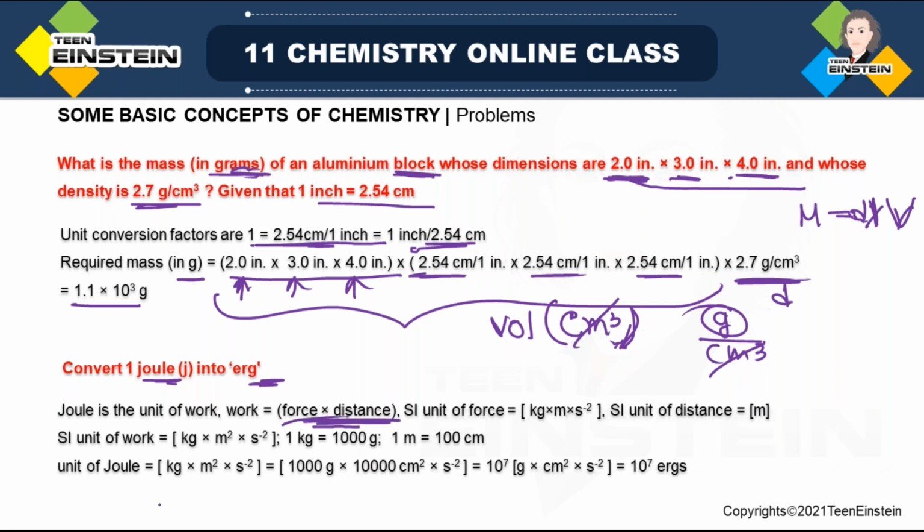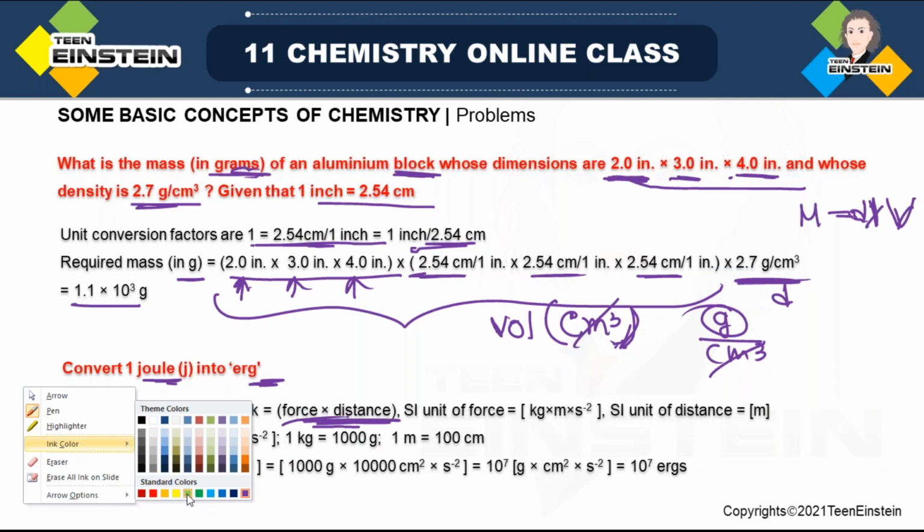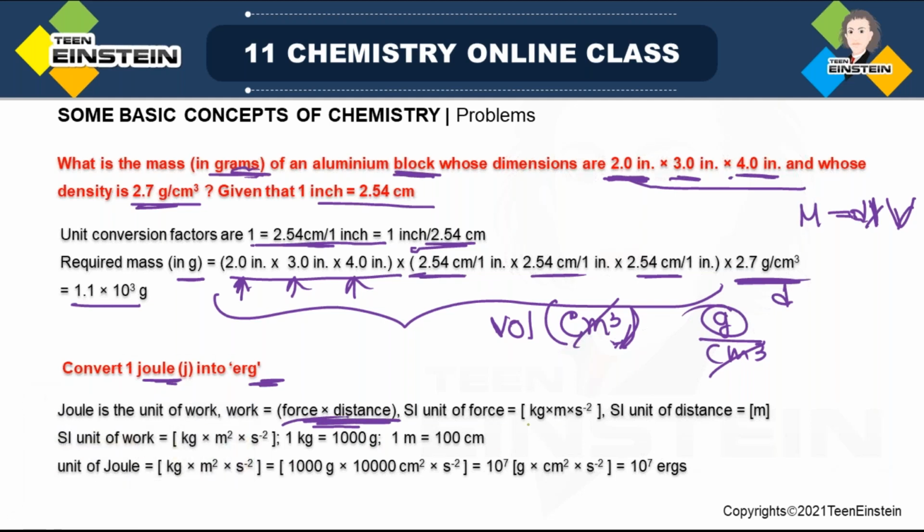That means for force, the SI unit is kg into meter per second square. And for distance, the unit is simply meter. So when you multiply force and distance, what do you get? You get kg into meter square per second square, because it is kg meter per second square, and another meter is also there, so that is why now it is square.